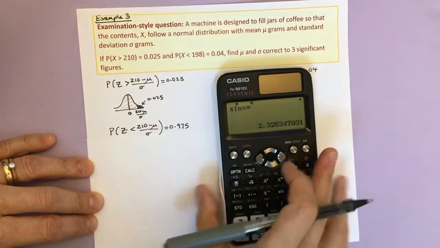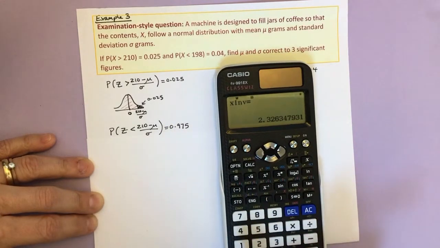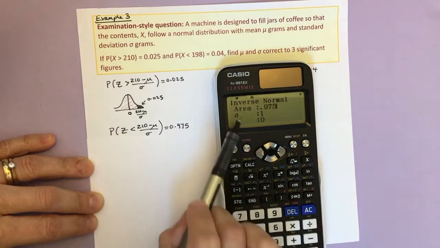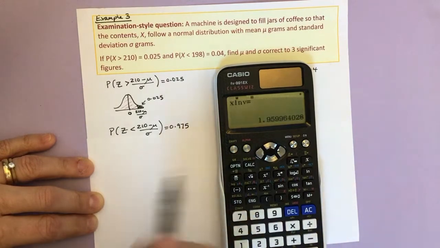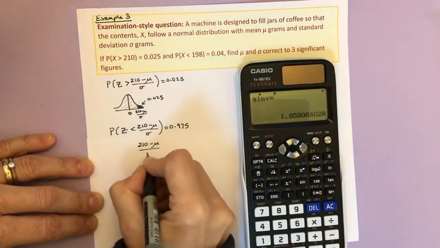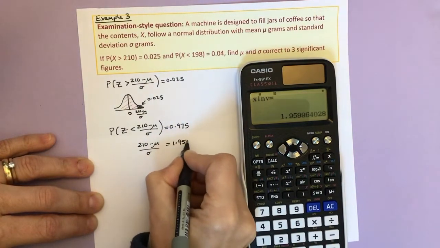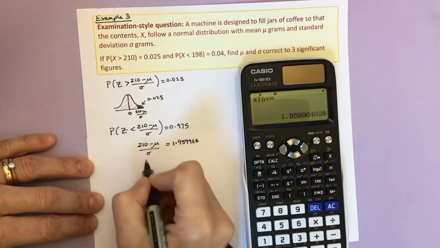For this first one, we need 0.975 as our area. So area 0.975, standard deviation 1, mean 0 because it's a standard normal, and that's giving us 210 minus mu over sigma is equal to 1.959964, etc. I'm going to stop there because you've got quite a lot of accuracy.